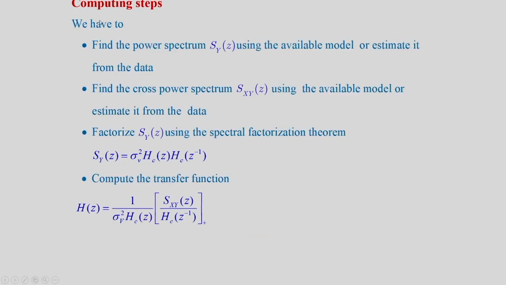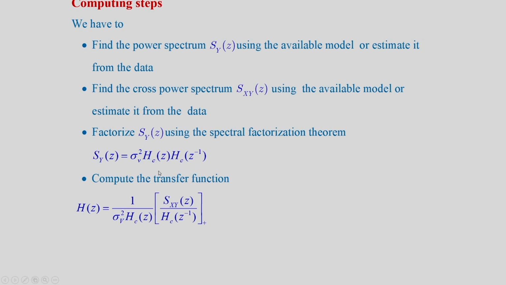Let us see the computing steps. We have to find the power spectral density Sy(z) using the available model or estimate it from the data. We have to find the cross power spectrum Sxy(z) using the available model or estimate it from the data. Then we have to factorize Sy(z) using the spectral factorization theorem: Sy(z) is equal to sigma v square into Hc(z) into Hc(z inverse).